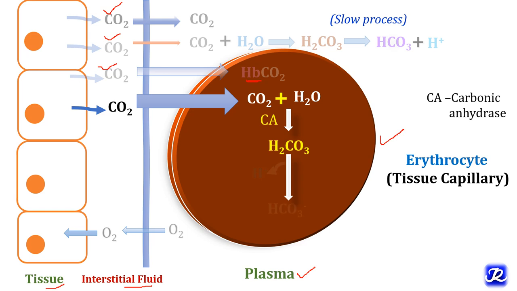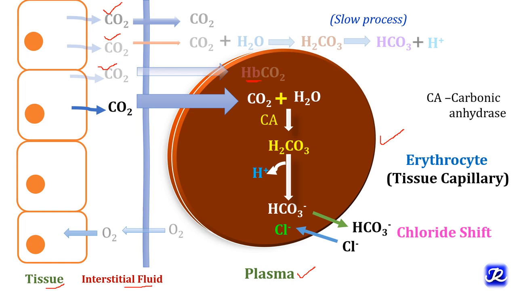Carbonic acid dissociates into hydrogen ions and bicarbonate ions. Bicarbonate ions leave red blood cells and enter plasma. In exchange for bicarbonate ion, to maintain electroneutrality, chloride ions from plasma enter red blood cell. This is called the chloride shift.